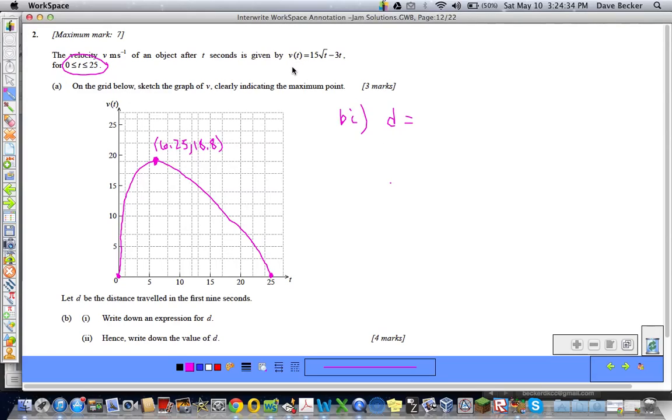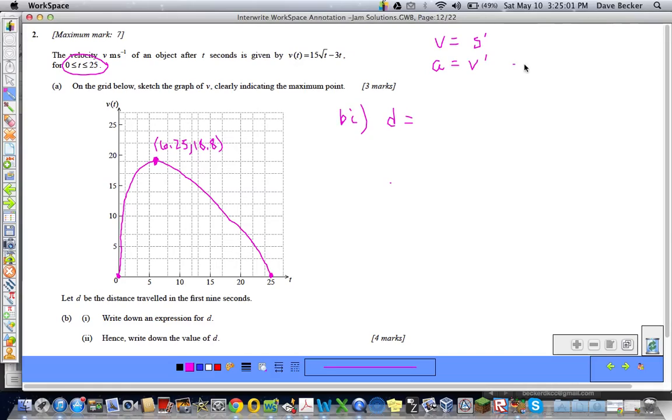Velocity is the derivative of distance or position. Acceleration is the derivative of velocity. Let's write that down just so you remember. So V equals S prime, position, and A equals V prime.